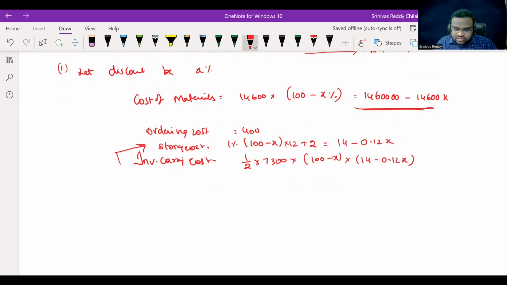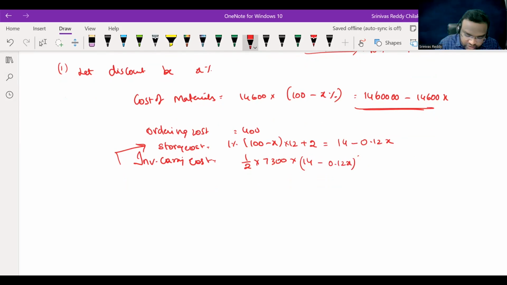Half of the inventory into 14 minus 0.12X. So this is the inventory carrying cost.